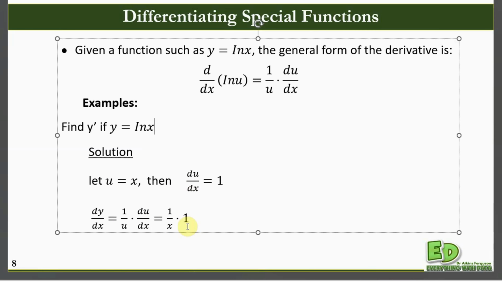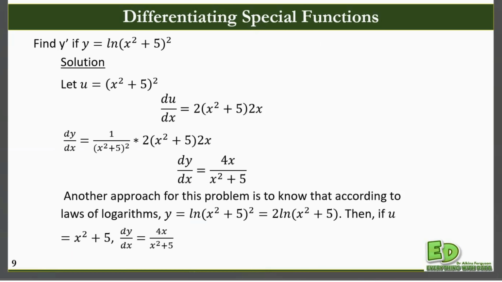Let's look at a more complex example where we deal with the same special functions, but a bit tougher than what we just did. Find y prime if y is equal to ln of (x squared plus 5) all squared. First of all, you have to identify our function. Our function is (x squared plus 5) all squared.